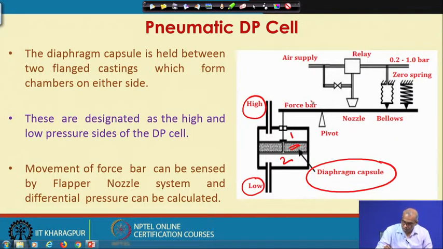So, the force bar is connected to the diaphragm capsules. As the diaphragm deflects, there will be displacement of this force bar. This displacement can be measured by a flapper nozzle assembly.